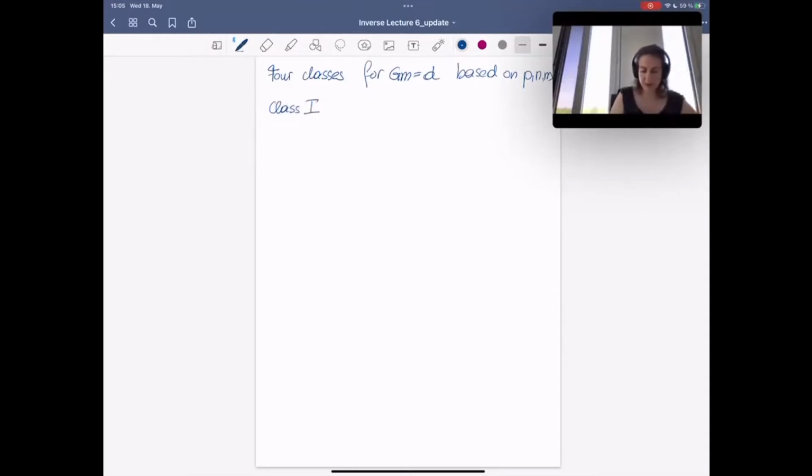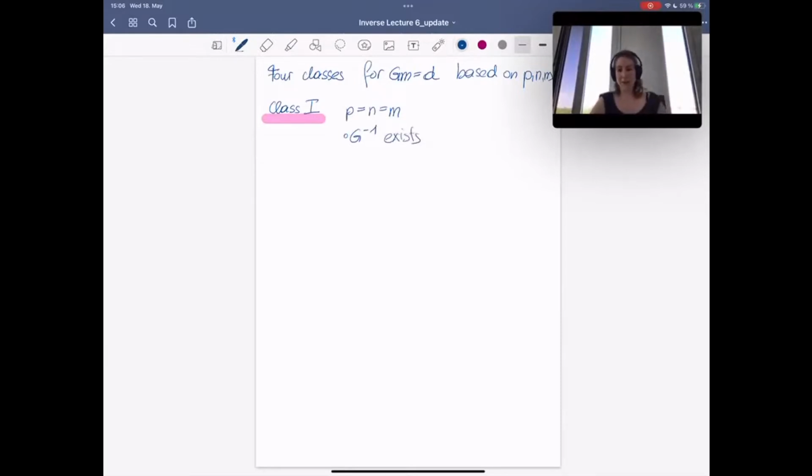So class 1. What happens if p equals n equals m? We actually know that for this case, the inverse of G exists.